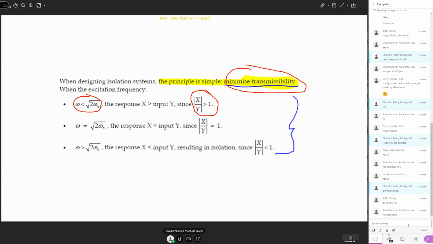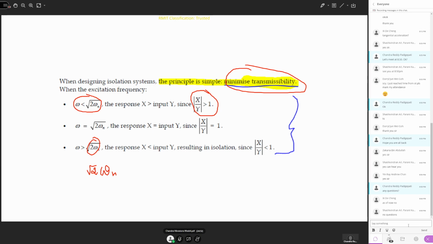Similarly, when both are equal, omega is root 2 times omega n, this ratio becomes 1. So here you need to consider this root 2 separator. So this is root 2 times omega n. There's a typo here: omega n should be outside the root 2.